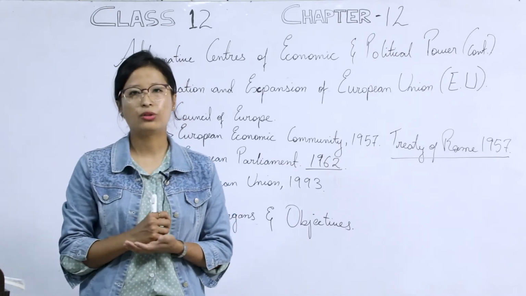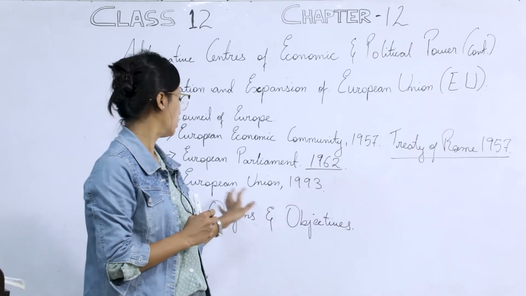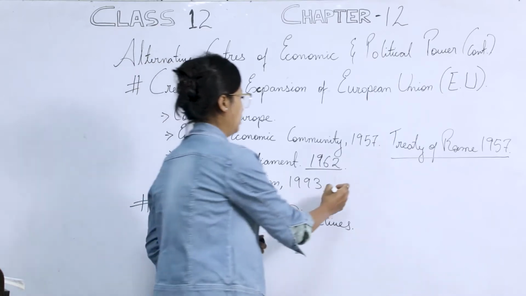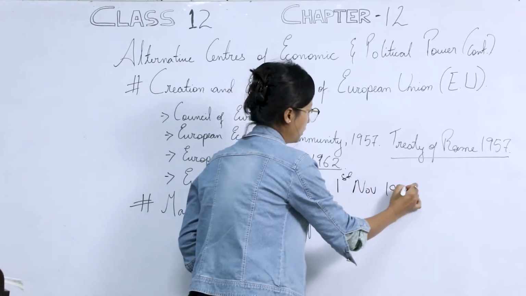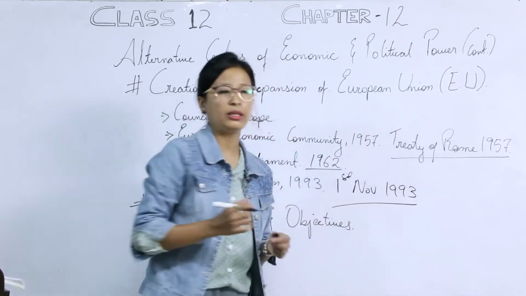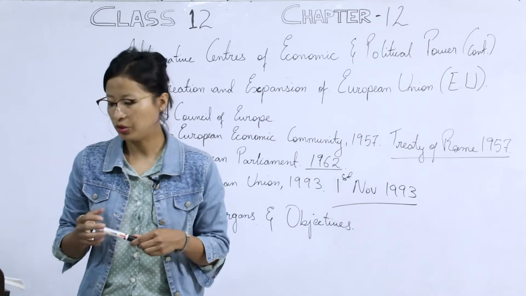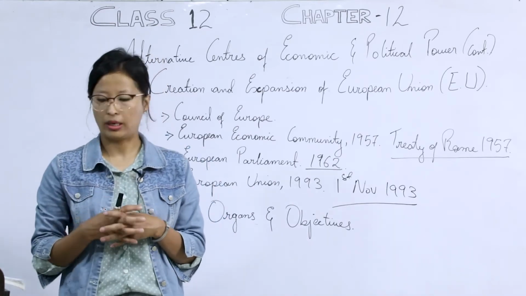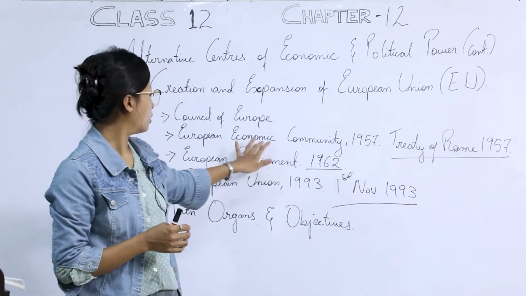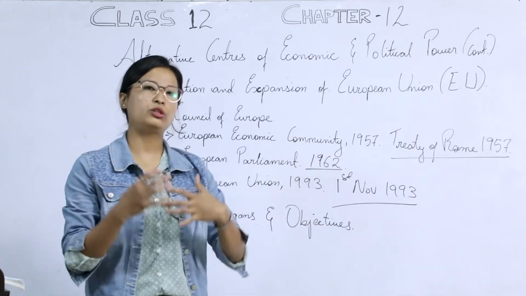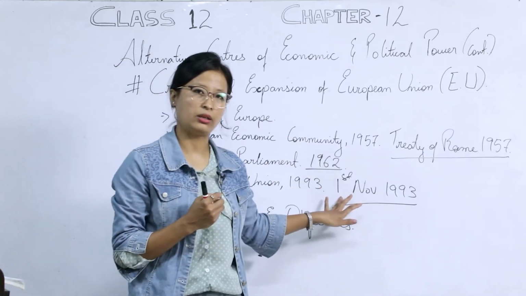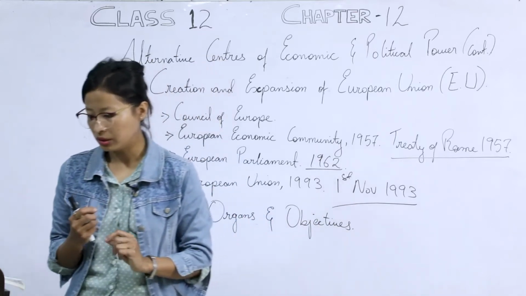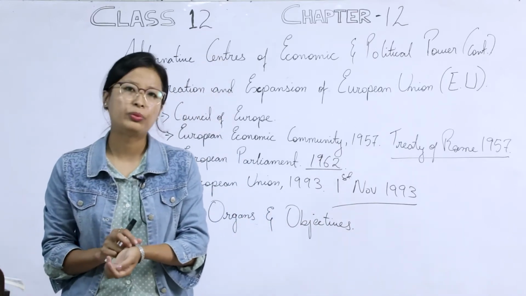They signed the Treaty of European Union, which came into force on the 1st of November 1993. By signing that treaty, the European Union came into being. That is, the European Economic Community formally took the name European Union on this date.